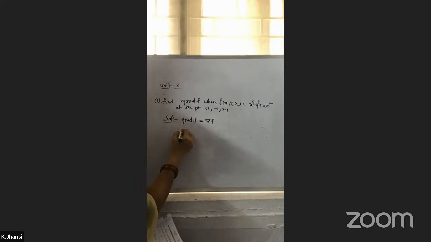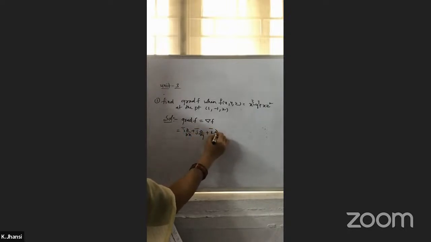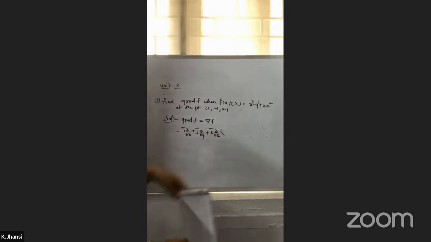Del is i dou by dou x plus j dou by dou y plus k dou by dou z, into our function.